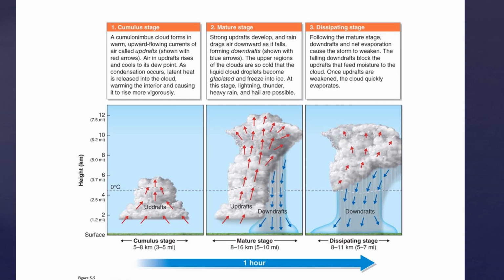This causes precipitation and really strong weather phenomena like lightning and thunder. And then our third dissipating stage, this is where those downdrafts dominate. There's more air coming down out of the cloud than there is going up. That cuts off our updrafts, which causes the storm to weaken and the cloud to eventually dissipate and just disappear.